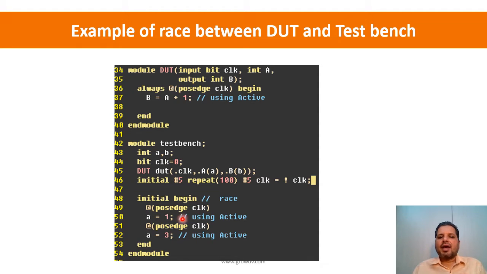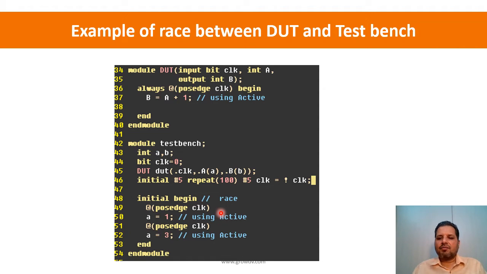Now here also we have the same problem. Whether this initial block will get scheduled first, or this always block will get scheduled first at the passage of the clock, who is going to execute? Both of them would be blocked, but once the event on the passage of the clock comes in, who would execute first?